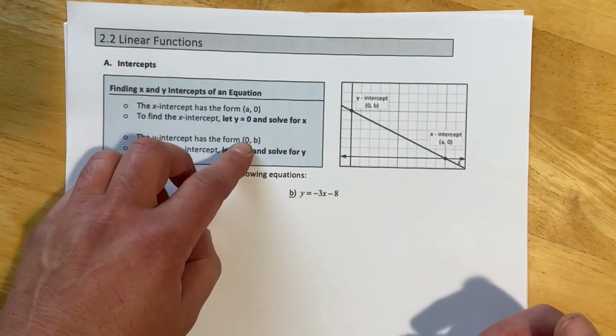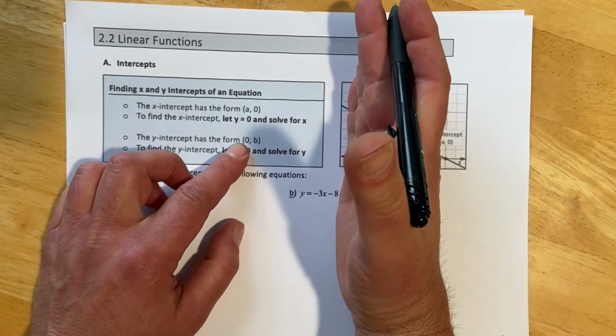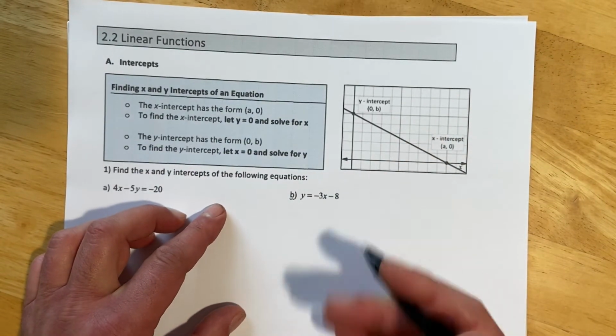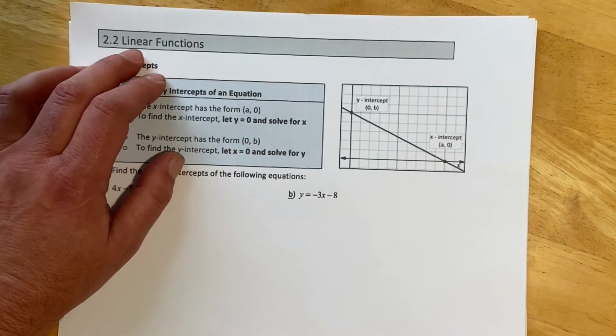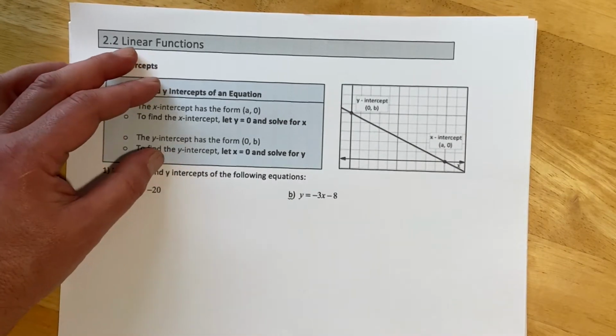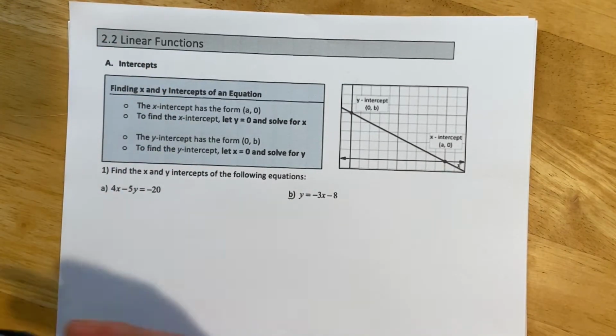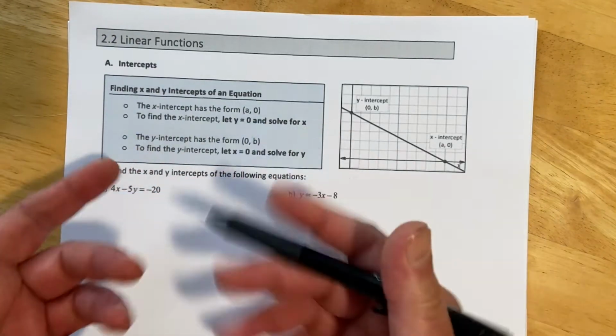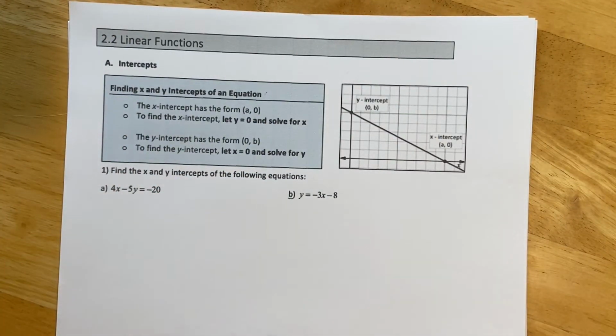Likewise, to find a y-intercept, we're going to let x equal 0, which puts us on the y-axis, and then solve for y. And that's going to be true whether we're doing linear functions, quadratics, rationals, exponentials, logs, whatever we've got coming up. Those two ideas, to find x, let y equal 0 and solve, to find y, let x equal 0 and solve, we'll see over and over this quarter.